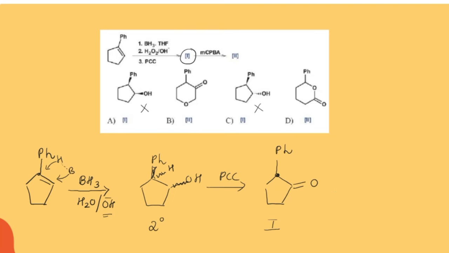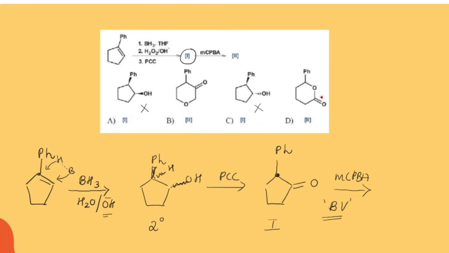And then what happens? The formed ketone, when it is treated with mCPBA, will undergo oxidation, wherein the oxygen of the peroxide will get inserted in this 5-membered ring, and we call this Baeyer-Villiger oxidation. Now the question is where the oxygen will get inserted.